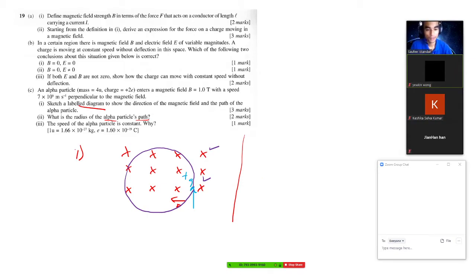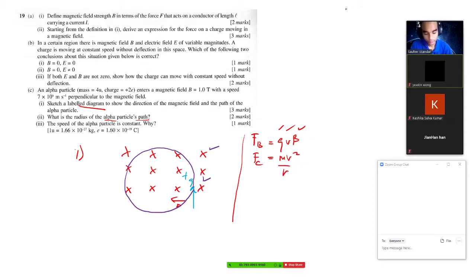One is the force by the magnetic field, Fb equals qvB. It depends on the charge, the velocity, and how strong the magnitude of the magnetic field is. And the centripetal force Fc, as you learned in semester 1, is mv squared over r.